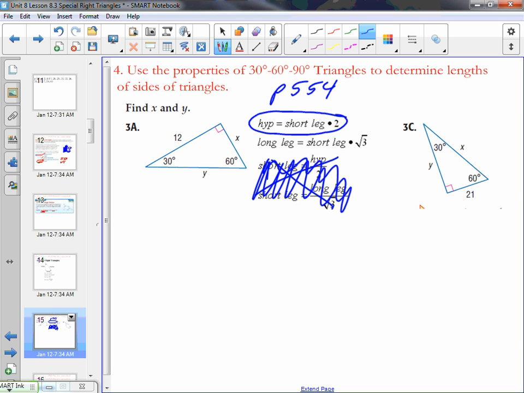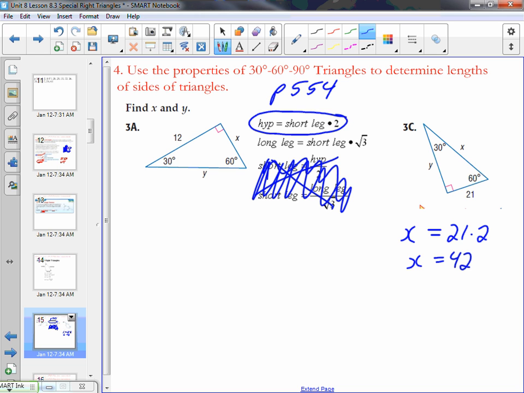So the hypotenuse equals, which one of those is the hypotenuse, x or y? X. So the hypotenuse equals the short leg times 2. What's the length of the hypotenuse? 42. But we also have to find the length of the long leg.